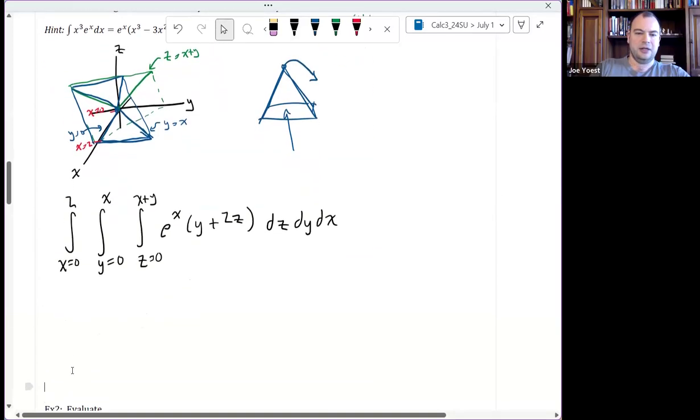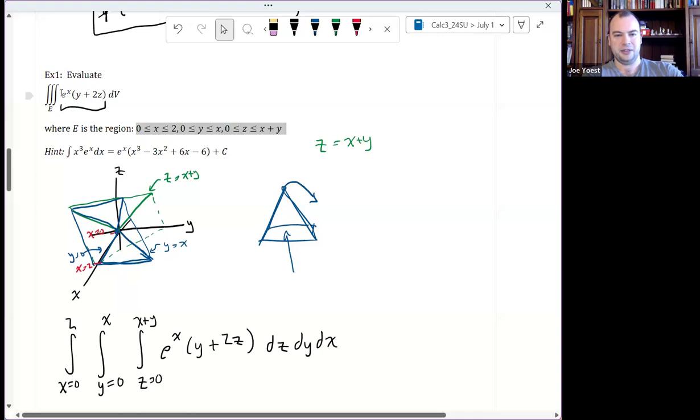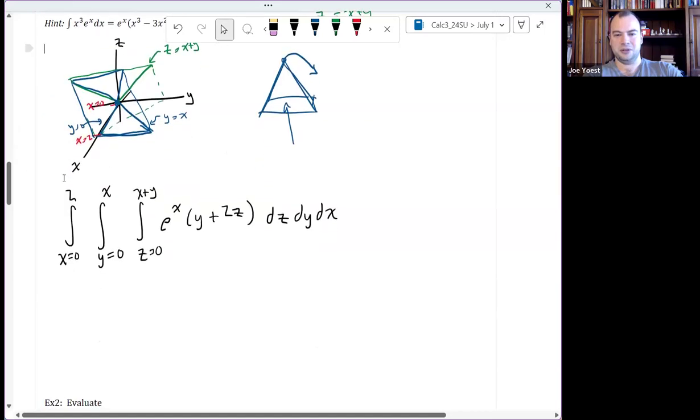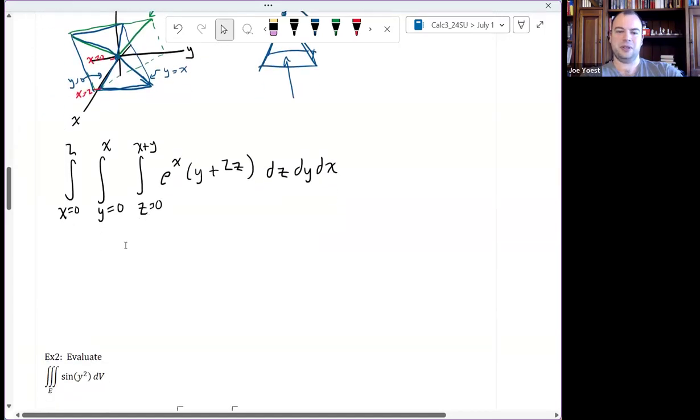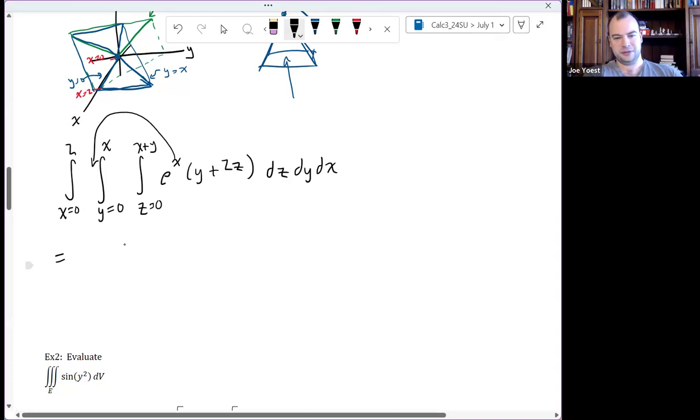Okay, but here we're given naturally a specific order, and the integrand doesn't really suggest that we should go with any different order, so we'll just stick with that. I note that this e to the x can actually pop all the way out here.